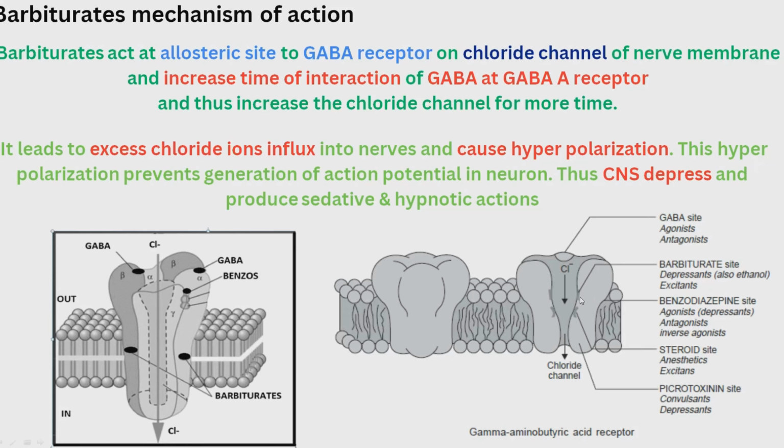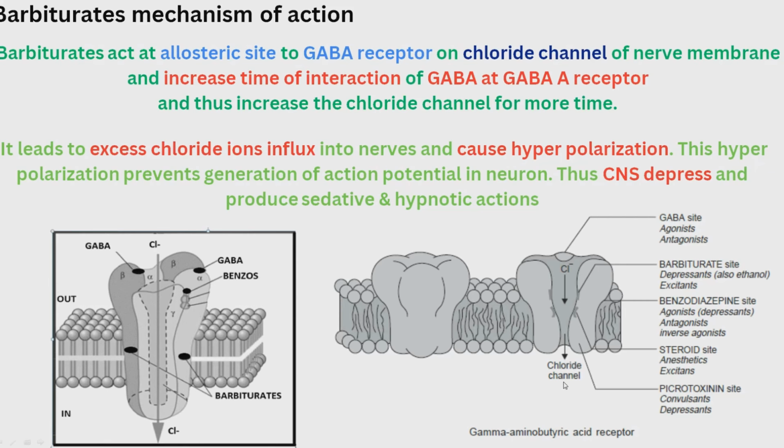Barbiturates act at the allosteric site, that is not at the GABA receptor but another site, and make changes in the conformation of the GABA receptor. That increases the time of interaction of GABA at the GABA receptor, and this makes the chloride ion channel stay open for a longer period.